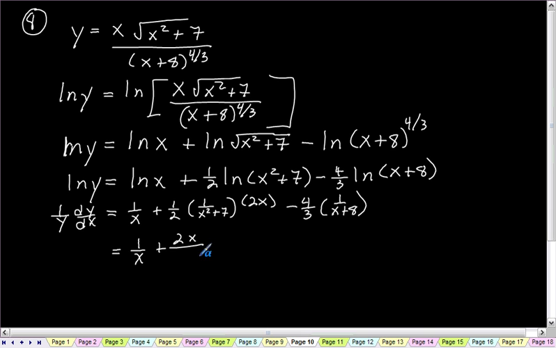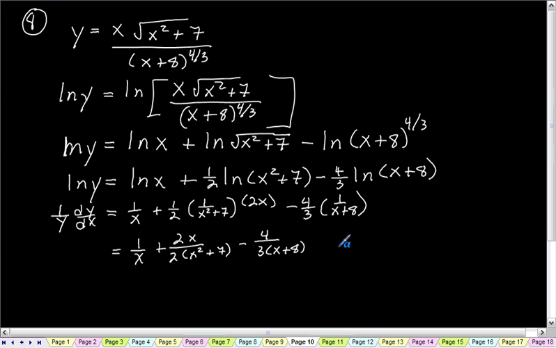On the bottom, this is 2 times x squared plus 7. This becomes minus 4 over 3 times x plus 8.